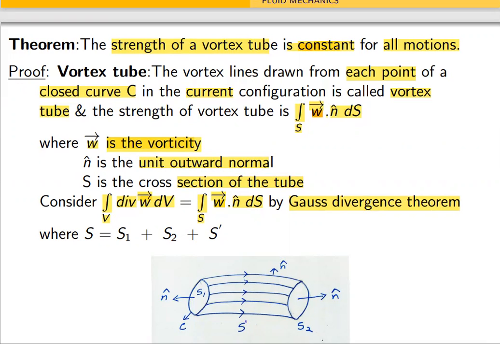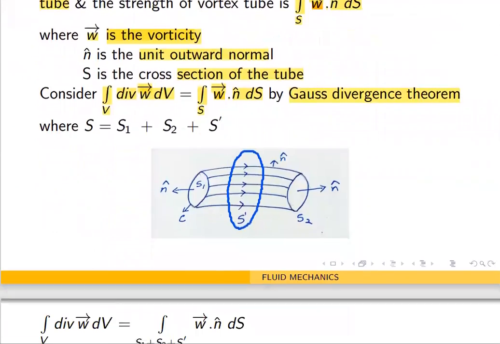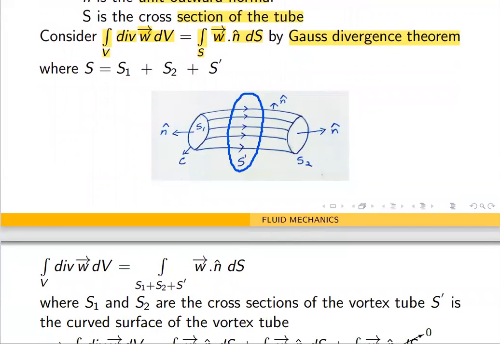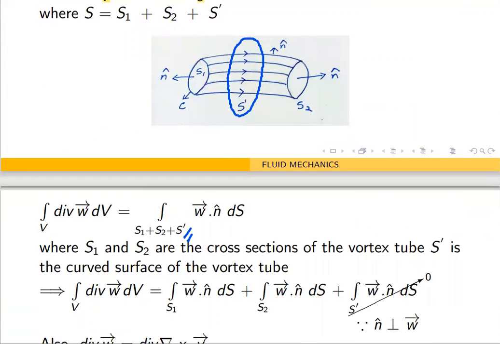The arrows here denote the direction of the vorticity omega or W. So surface S is nothing but S1 plus S2 plus S dash, where S1 and S2 are the cross sections of the vortex tube and S dash is the curved surface of the vortex tube.